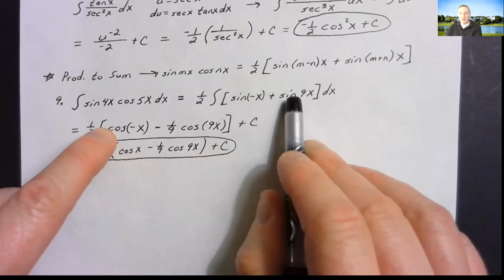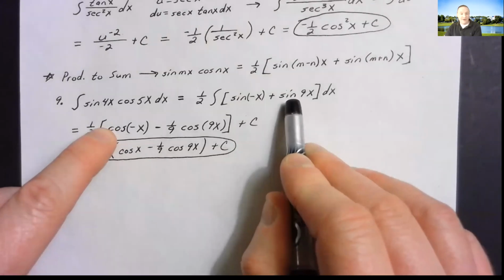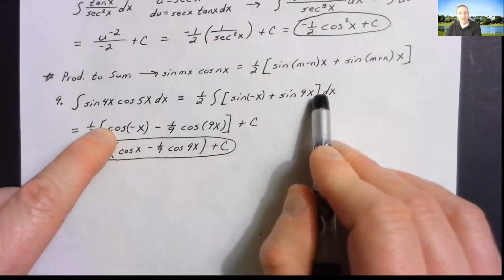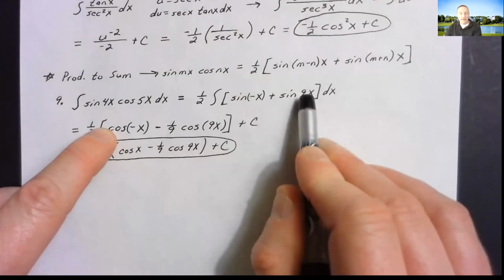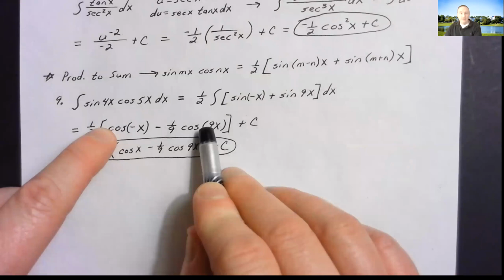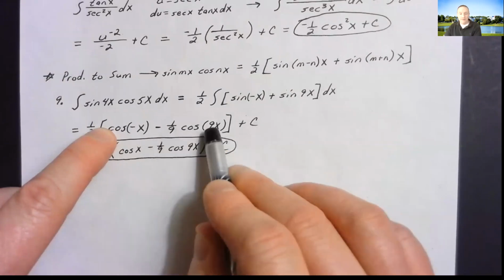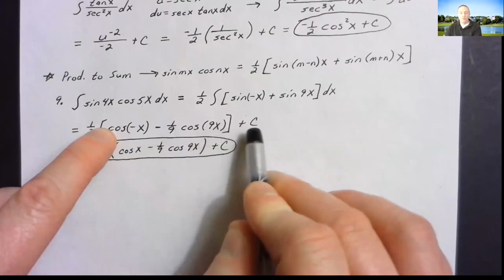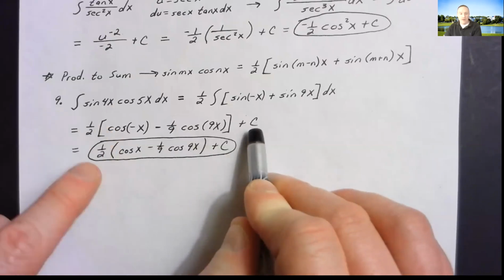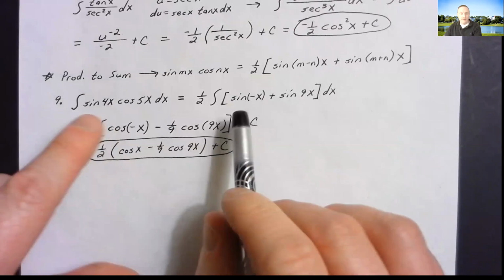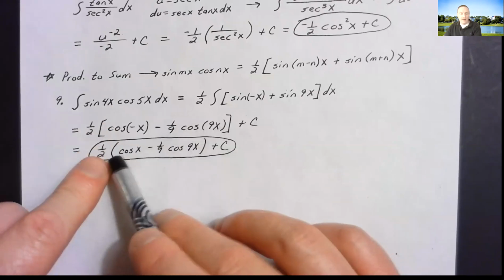Now your second term, you say, well, yet again, when you integrate the sine function, you get the negative cosine of that angle divided by the derivative of that angle. Well, you're going to get the negative cosine of 9x divided by 9, or 1/9 the cosine of 9x, plus your constant of integration. All I've done beyond that, I just left the 1/2 out in front.